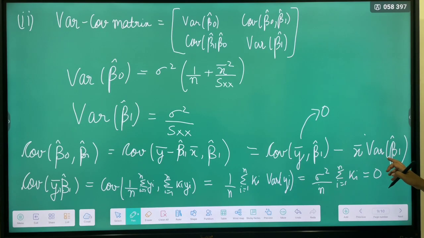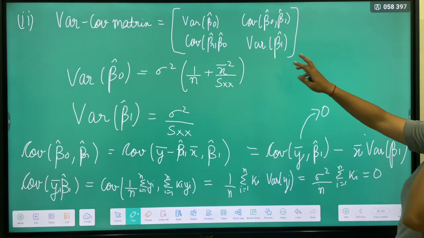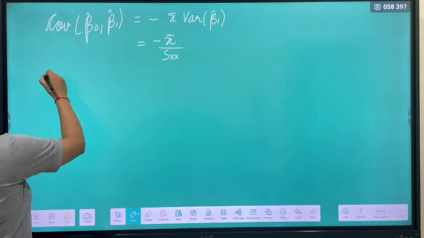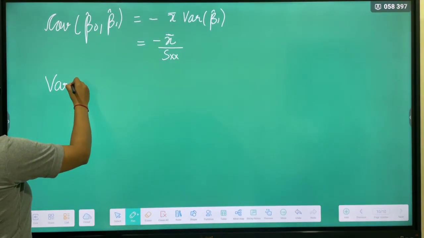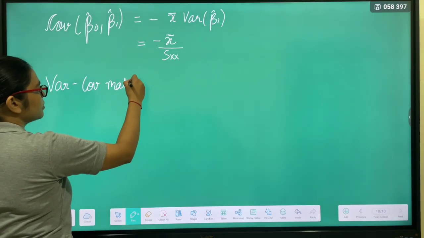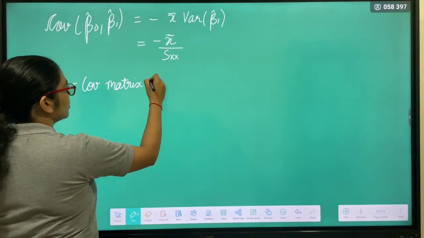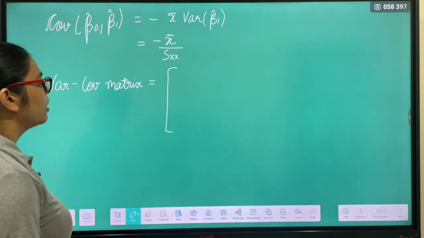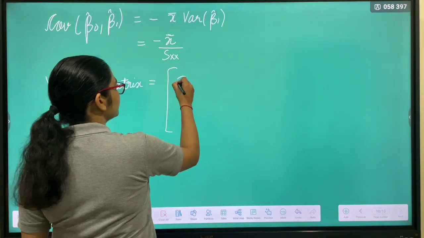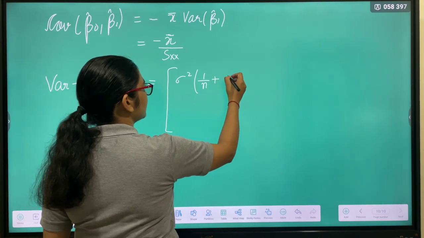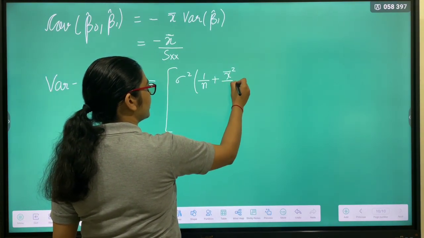From here, now putting all these values in the variance covariance matrix, we will get the variance covariance matrix equal to variance of beta naught, which is sigma square into 1 upon n plus x bar square upon sxx.